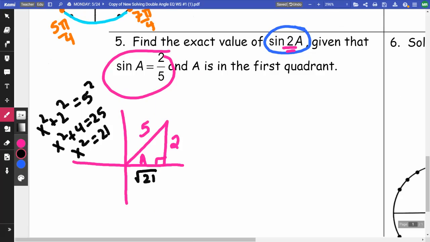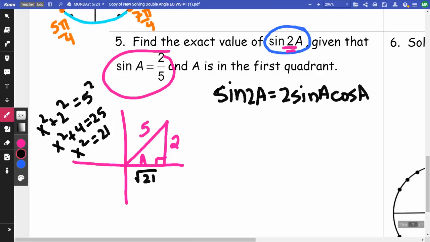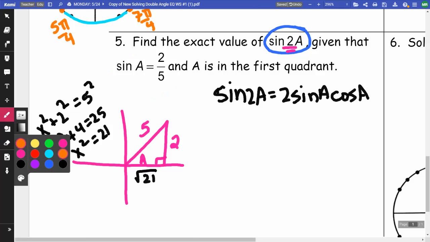Okay, so again, let me just do this in terms of A. So this is going to be sine of 2A equals 2 sine of A cosine of A. And I know my sine of A, that was right here. Let me recircle it, I'll circle it in orange.